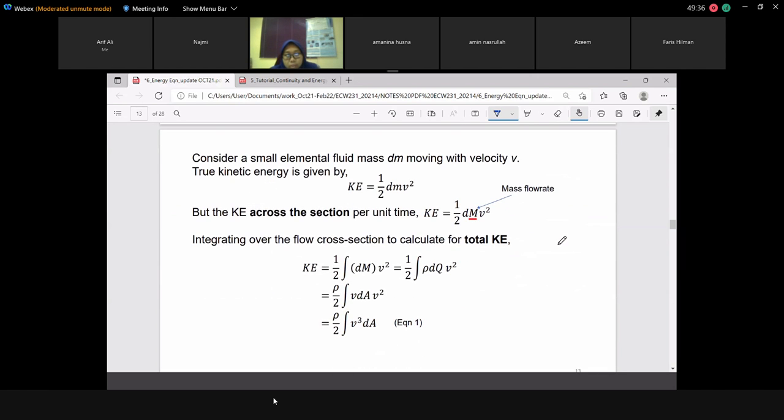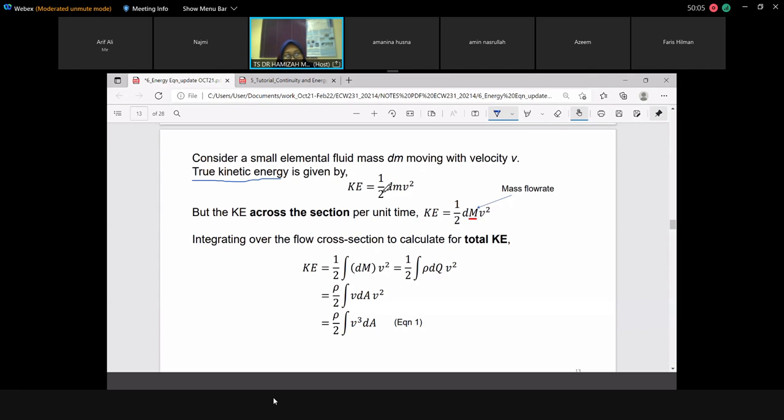Okay, so let's see how the correction factor will be integrated. So here we have a small elemental fluid mass. dm represents change of mass moving with velocity v. So the kinetic energy is given by this formula.